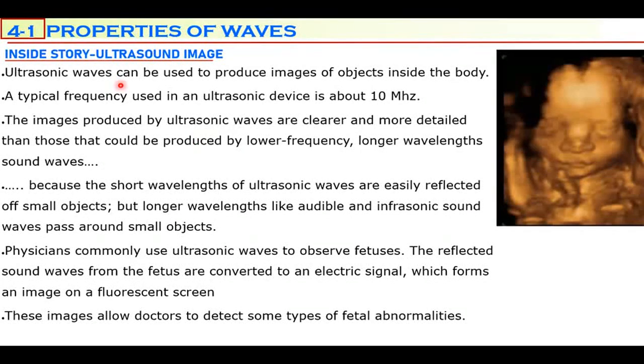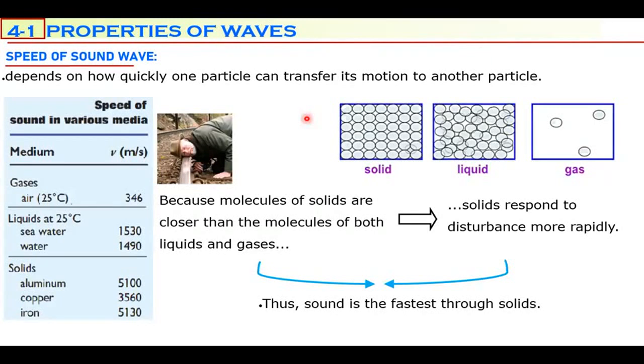Next we will continue defining the wave, which is the speed of a sound wave. Because it's a wave, the speed of the sound wave also depends on the medium. Basically, the speed of a sound wave depends on how quickly one particle can transfer its vibration to another particle. Molecules in solids are closer than in liquids, and liquid molecules are closer than gas molecules.